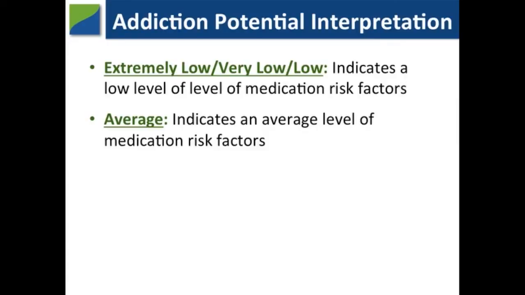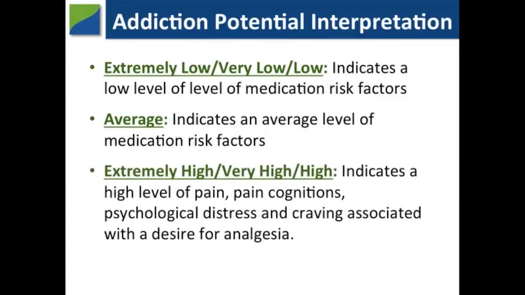A high score in addiction potential indicates a high level of pain, dysfunctional beliefs about pain, high level of associated distress, craving the medication, anxiety about using the medication, but nevertheless feeling like you need it. So again, a distinct cluster of symptoms.